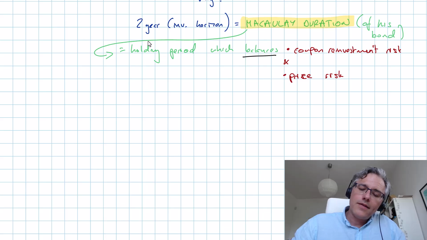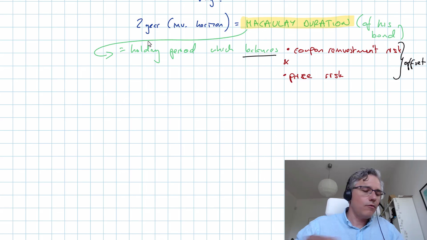When we say balances, what we mean here is that the two offset one another.